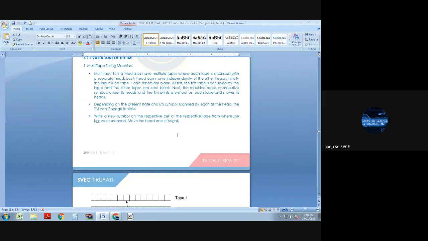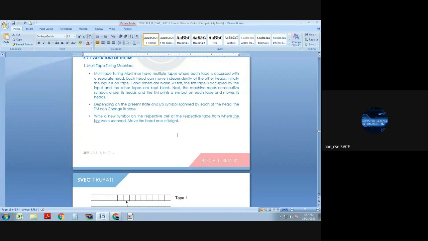So it has multiple tapes where each tape is accessed with a separate read write head. Each head can move independently of the other heads. Initially, the input is on tape 1 and the others are blank. The first tape is occupied by the input and the other tapes are kept blank. Then the machine reads the consecutive symbols under its heads, and the Turing machine prints a symbol on each tape and moves its heads.